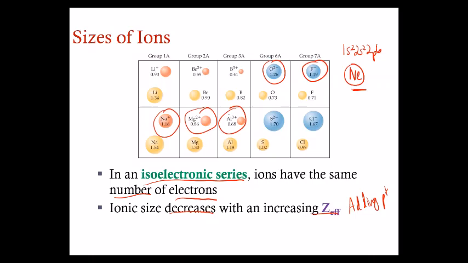So looking and comparing here, the aluminum has 13 protons, magnesium has 12, sodium has 11, fluorine has 9, neon has 10, and oxygen would have 8. So out of this entire series, oxygen should be the largest of them all. And it is the largest. And then aluminum is going to be the smallest because of that 13 protons.